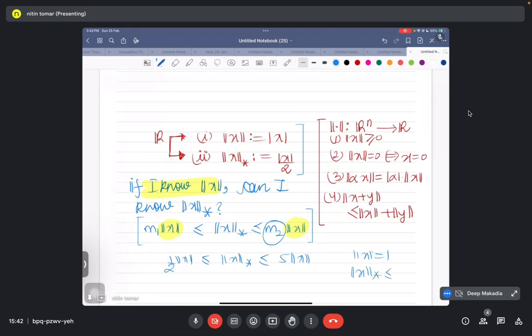It will be between 5 and half. Am I correct? So in this way we know something about norm x star. We might not know the exact value, but we know some estimate, and that is also a good thing, right? We know some bound, and that is where the notion of equivalent norm comes into the picture.